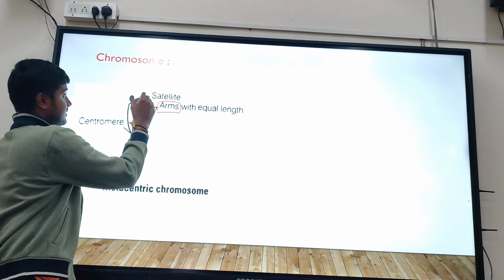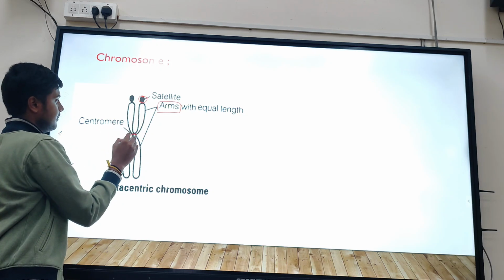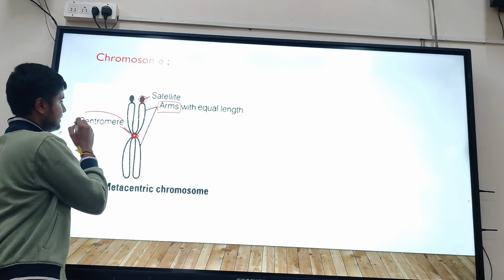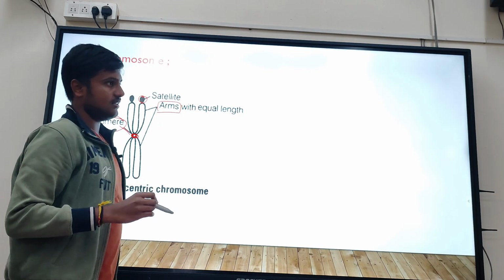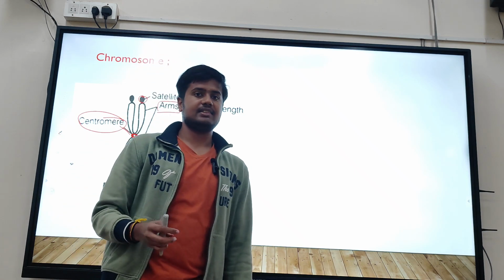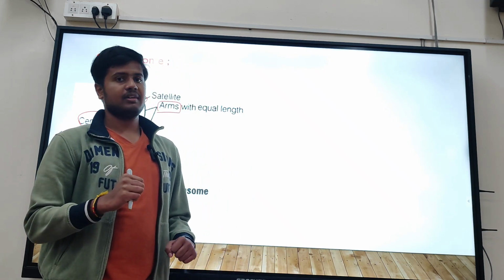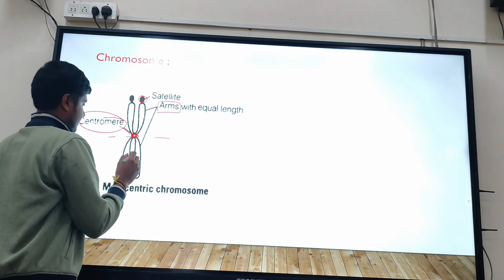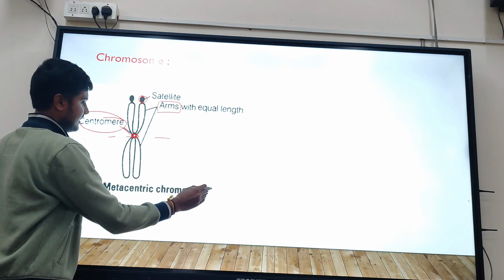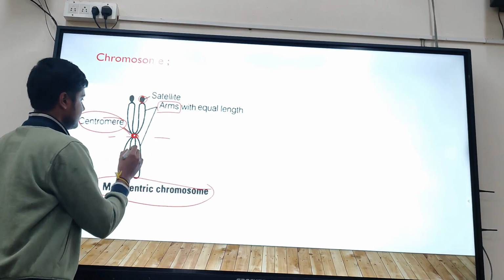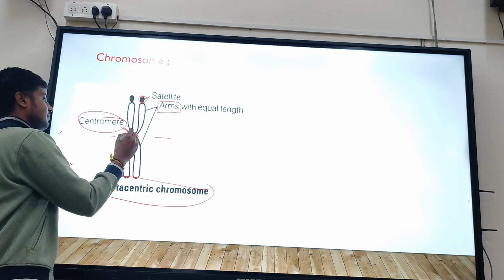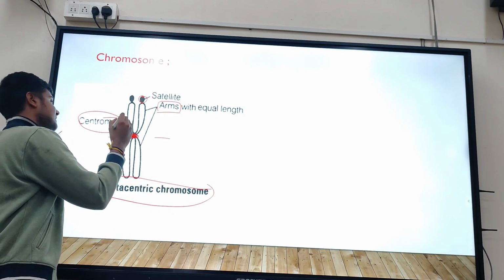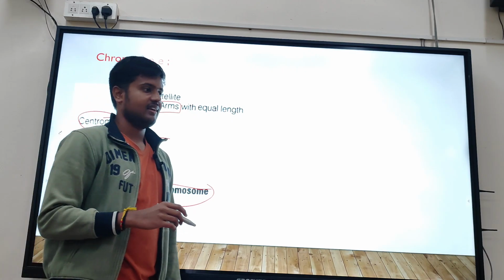The constricted part is called the satellite, and the middle part is the centromere, which is used in cell division, where spindle fibers appear. This one is divided, and this is a metacentric chromosome because the centromere is located at the center of the chromosome.